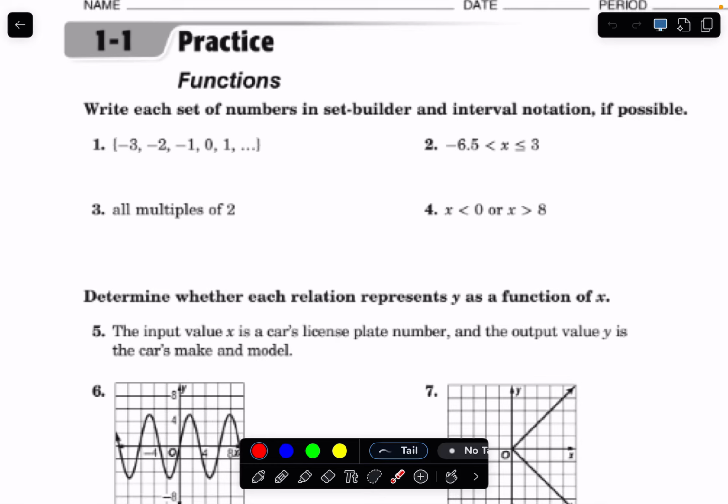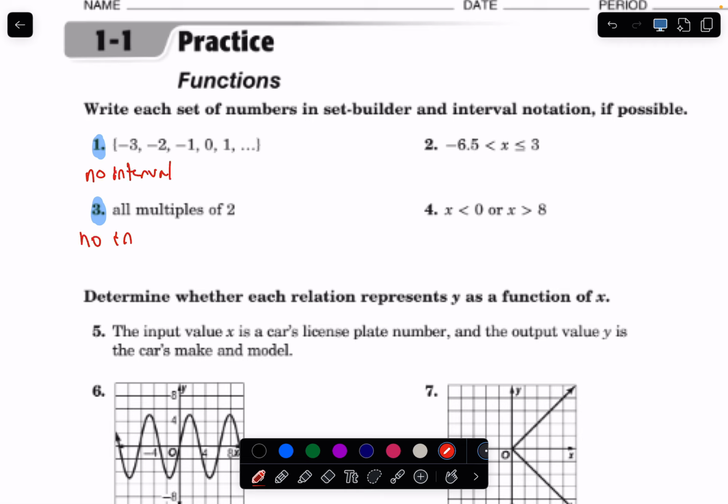Okay, so if you look at the top four, it says write each set of numbers in set builder notation and interval notation. Problems 1 and 3 have no interval.